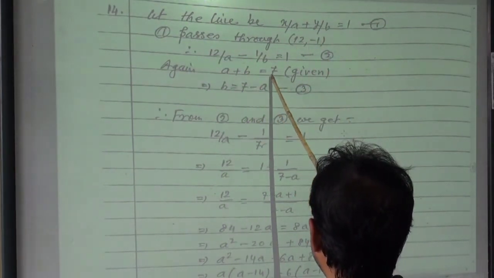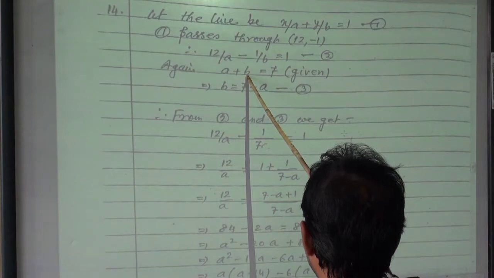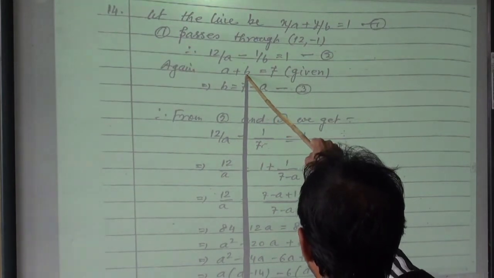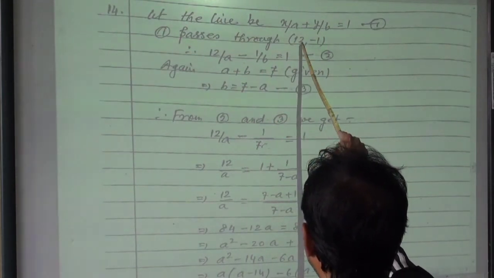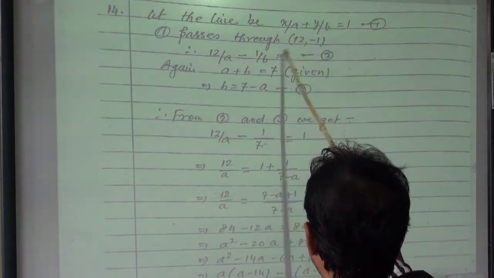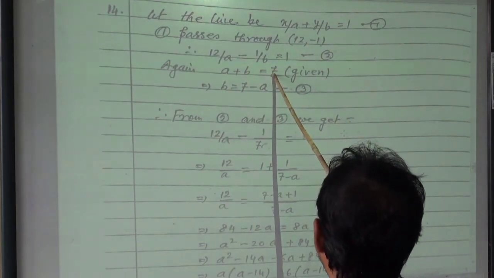A plus b is equal to 7. A and b are the intercepts. Question is, find the line passing through this point and the sum of the intercepts is 7.